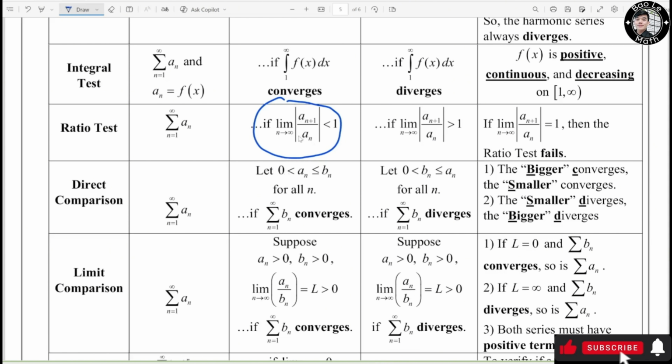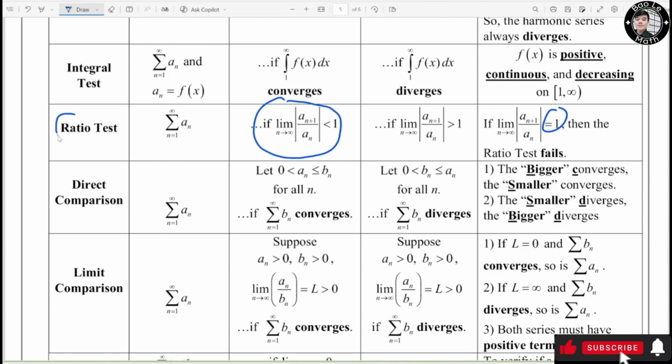And if we take this limit when n approaches infinity less than 1, the series converges, and then you're going to find the interval of convergence. If this guy is greater than 1, the series diverges. If this guy equals 1, the ratio test fails, so you would have to use another test to determine the convergence or divergence.